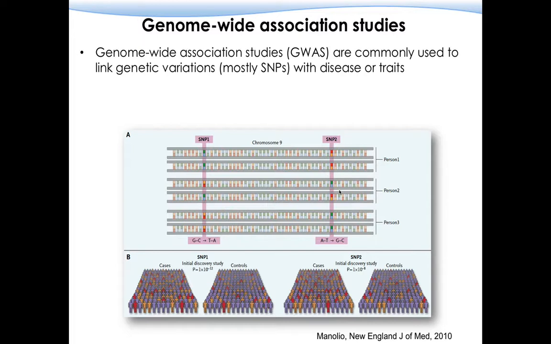So you can see here, there are two SNPs, okay? And there are different persons, and each person has a heterozygous variant or homozygous variant on this particular SNP. In the first study here, you can see that there are a lot of people who are not sick. Those are the controls.